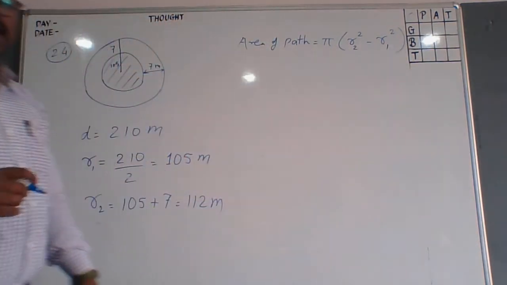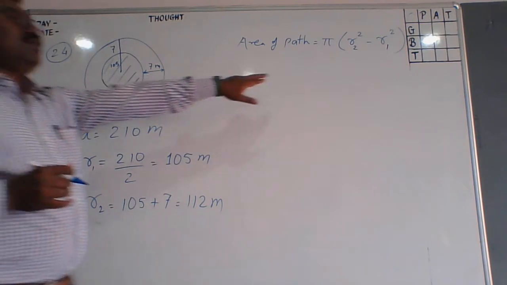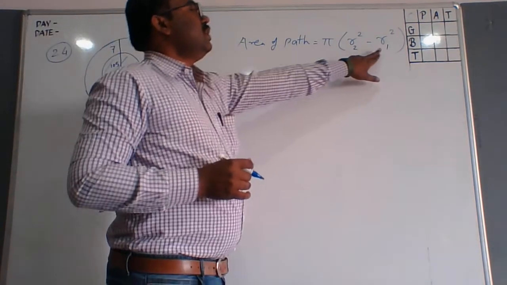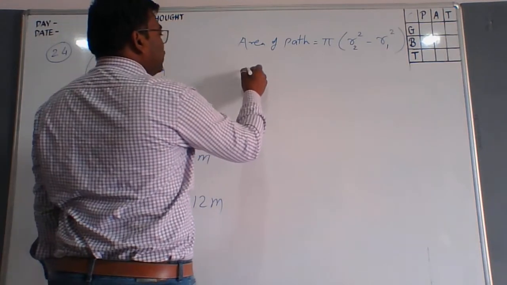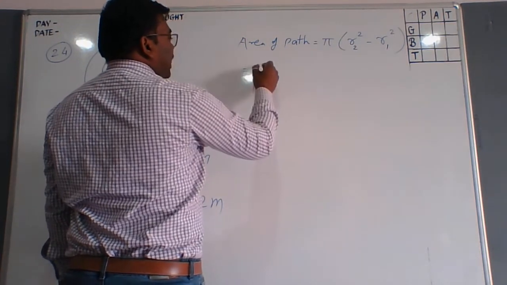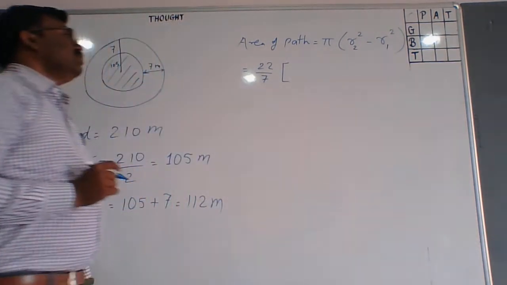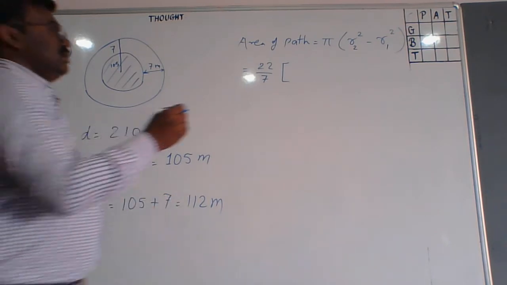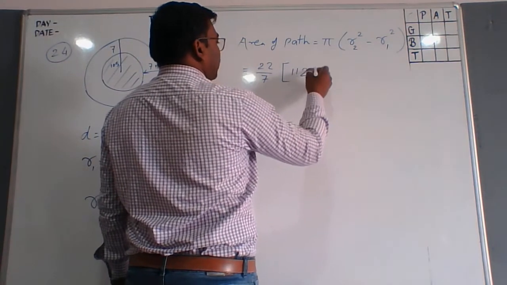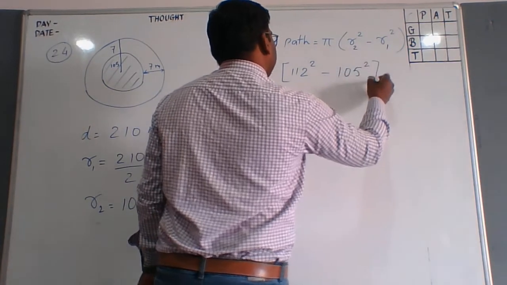Always we have to subtract the smaller value from the greater value. So R2 is greater, hence in the formula we have taken R2 first and then R1, right? Now substitute the values. Pi is 22 by 7. R2 is 112. So it will be 112 square minus 105 square. Okay.